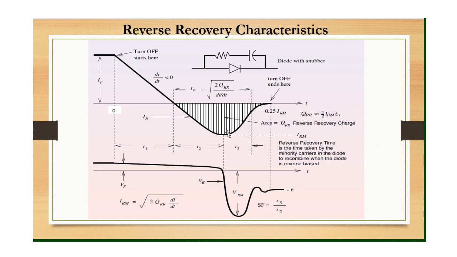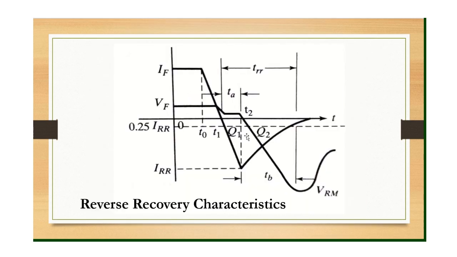In fact, this trr, the reverse recovery time, mainly contains two components, ta and tb. Let me show this figure. This total reverse recovery time trr includes two components, ta and tb, where ta is due to the charge storage in the depletion region of the junction and represents the time between zero crossing and the peak reverse current IRR.